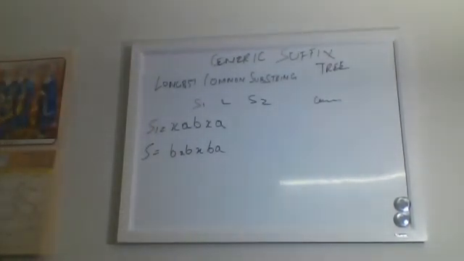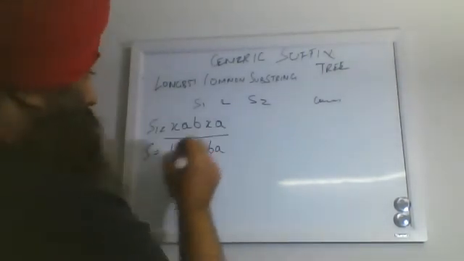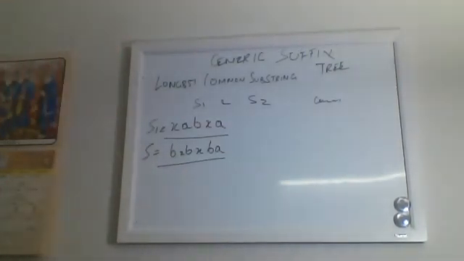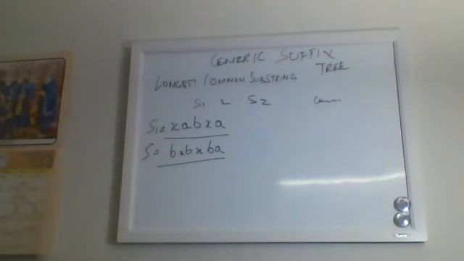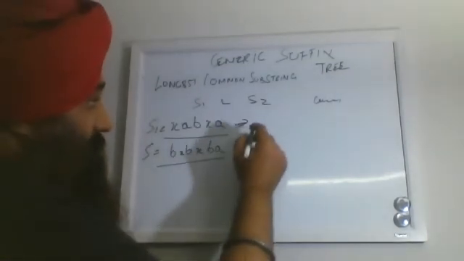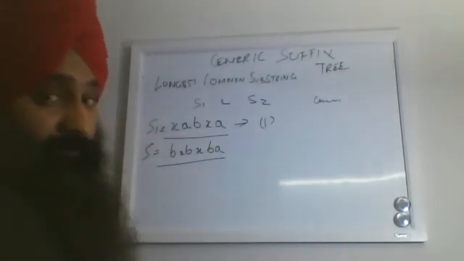Now you look at these strings. What do you see? You have to find out the longest common occurrence between these two. First thing is you create a suffix tree using XABXA, which is very simple. Then using the same suffix tree, you create it for the string BABXBA. While creating the first suffix tree, you mark each internal node as 1.